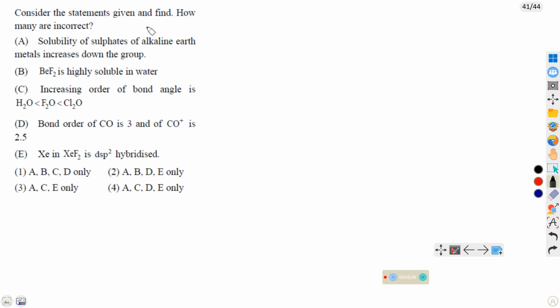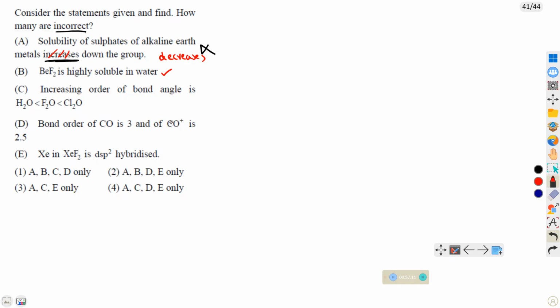Statements are given, find how many are incorrect. Solubility of sulfates of alkaline earth metals increases down the group. This is a wrong statement. Increases is wrong. The correct statement is decreases down the group. BeF2 is highly soluble in water.